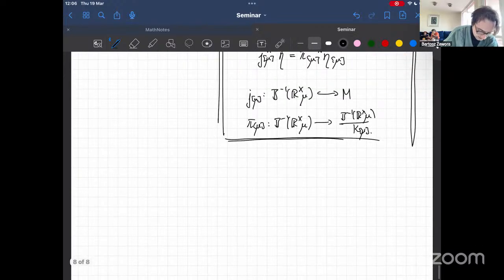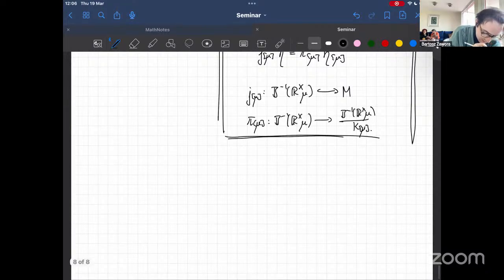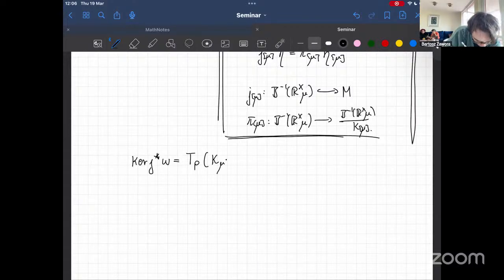However, since they work only on one homogeneous symplectic line bundles, they find the wrong characteristic distribution, in the sense that the kernel of omega was given by K_mu x, right?